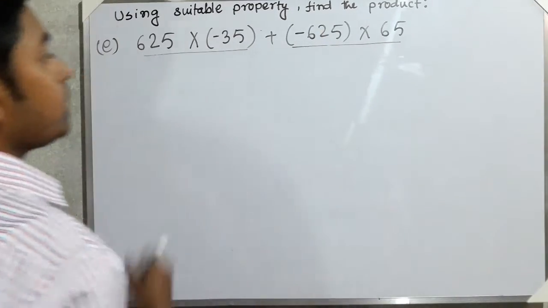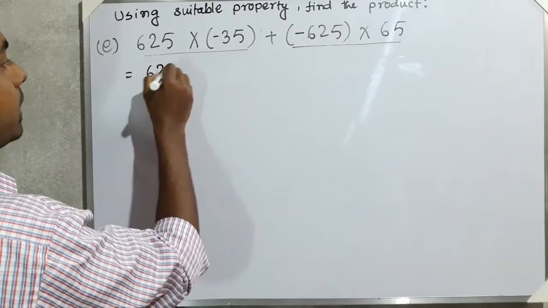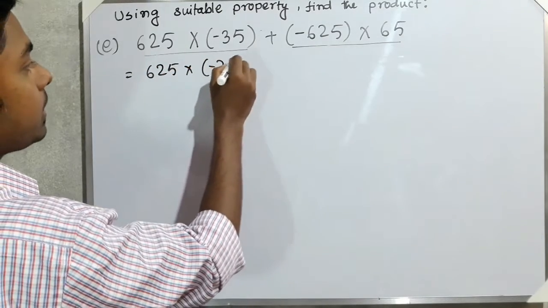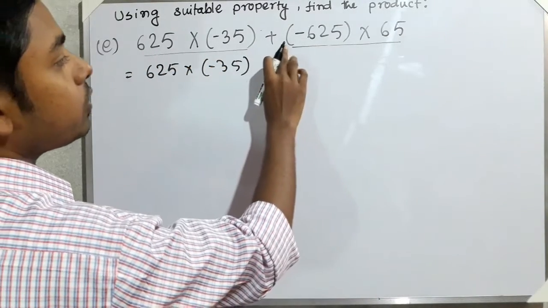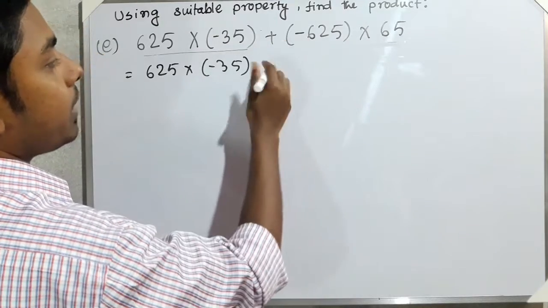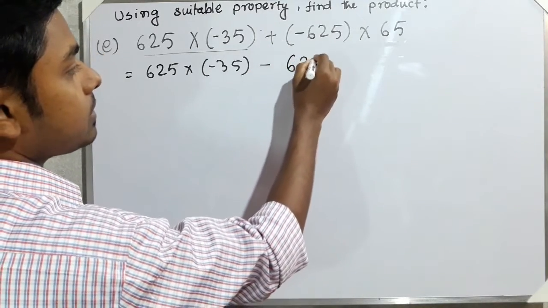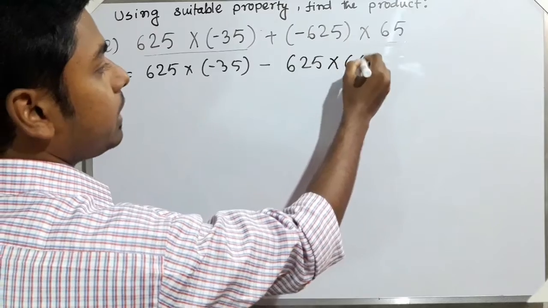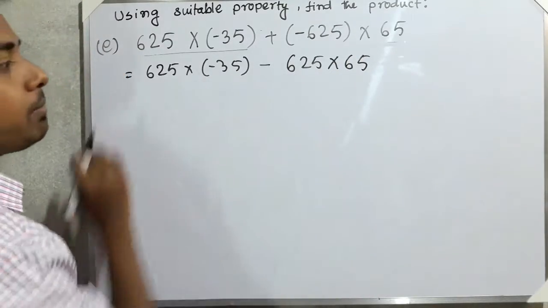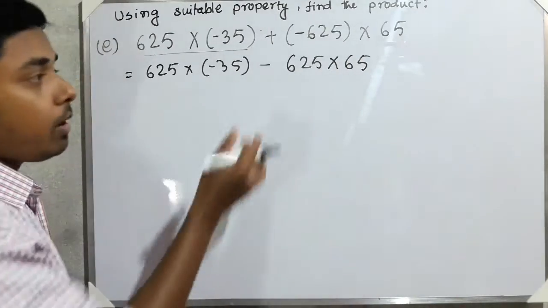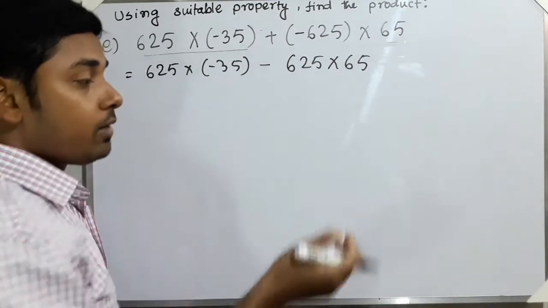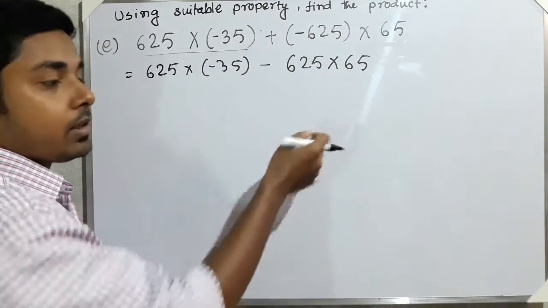So how to make it? Suppose we write 625 into minus 35, same as it is. Now plus into minus equals minus, so 625 into 65 becomes minus 625 into 65. Now you can see these two terms are the same, and you have to use the distributive property as we solved in the last question.